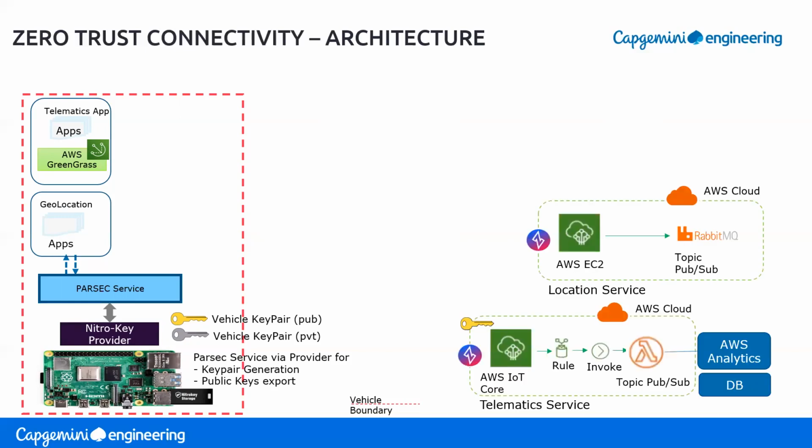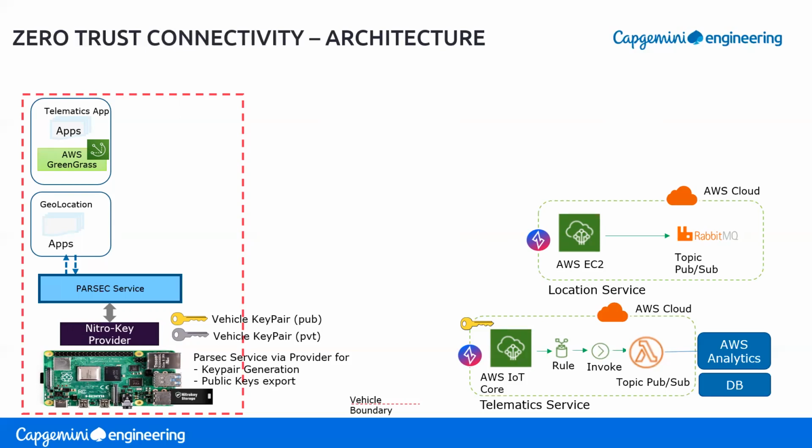Consider that there are a few application services that are provided by different vendors over AWS cloud using varied technologies. So in this example, consider that there are location services which provide real-time tracking and trace information, and telematics service which provides analytics about the health of your vehicle.